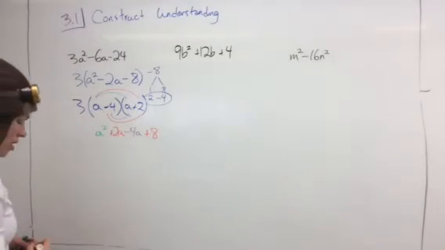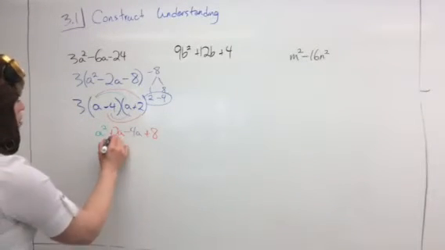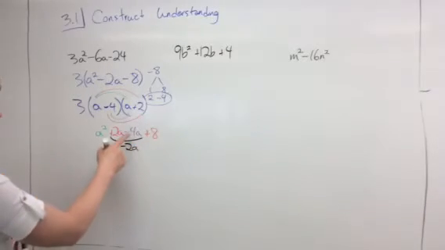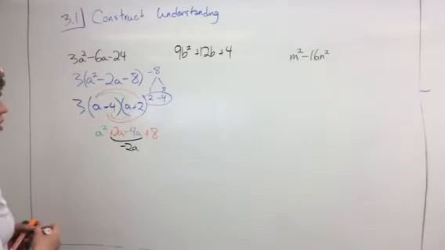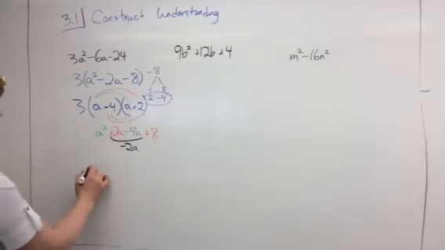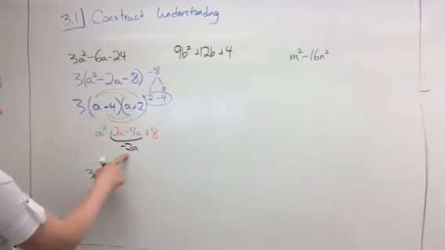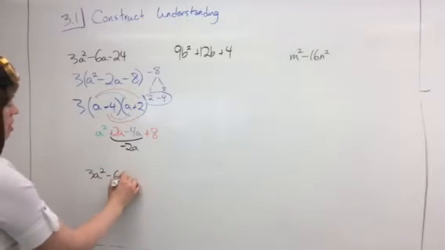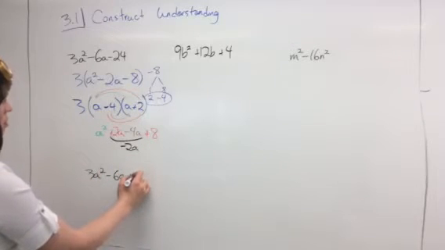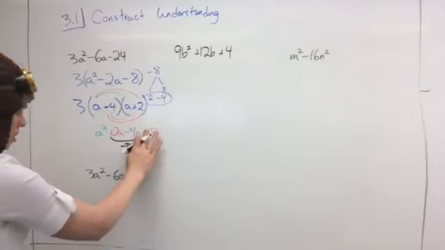I can see that these are going to reduce to negative 2a because I've got a negative 4 and a positive 2. And if I multiply all these through by 3, I'll have 3a squared minus 6a, whoops, that should have been a negative.